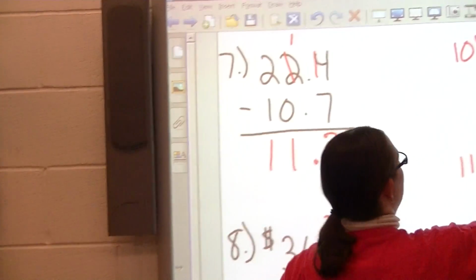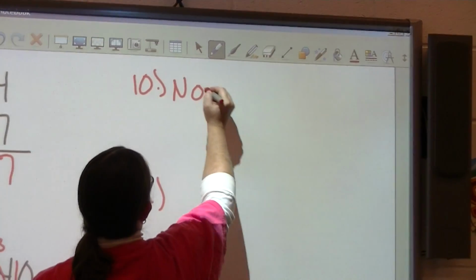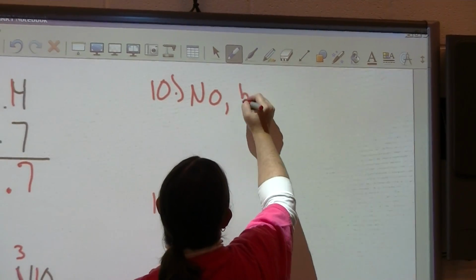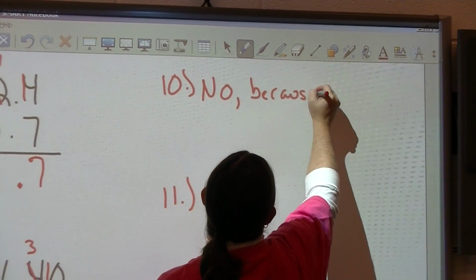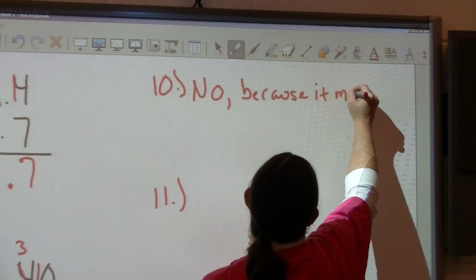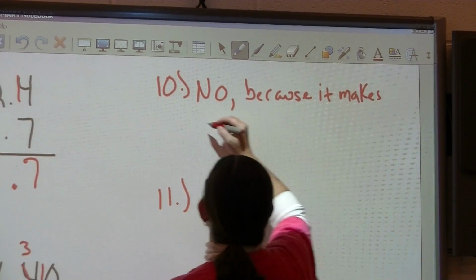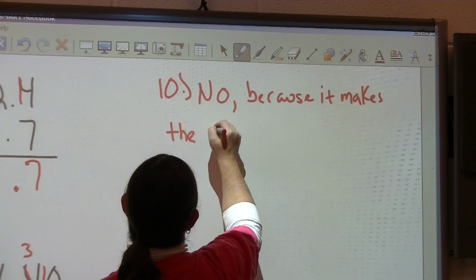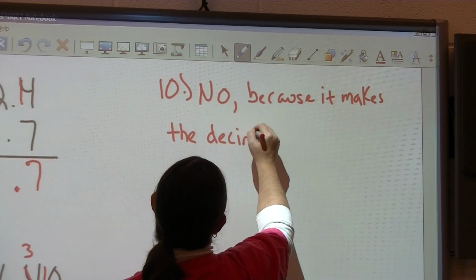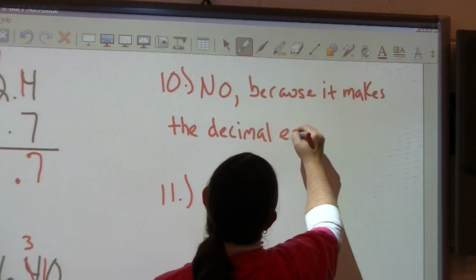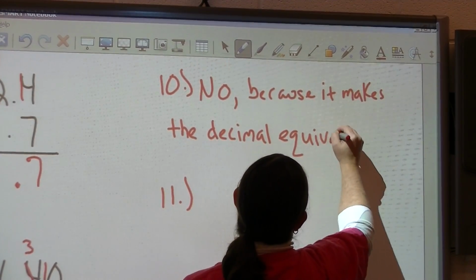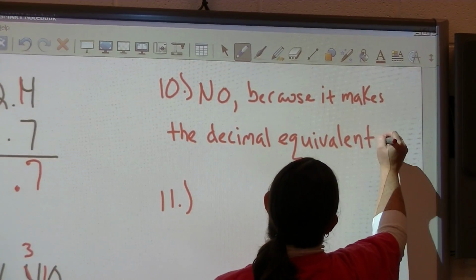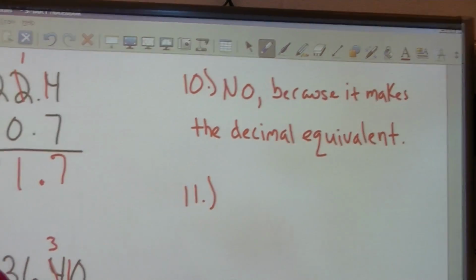Decimals. Good. So for number 10, write in there no and put a comma and put because it makes the decimal equivalent. Good job.